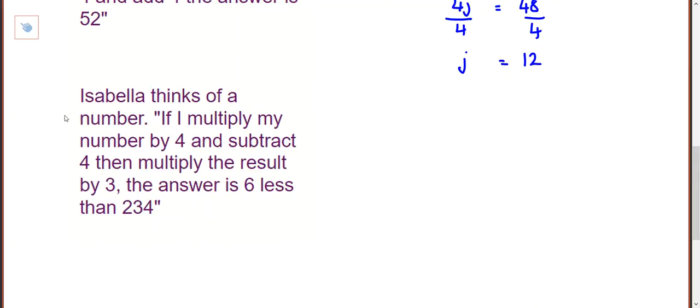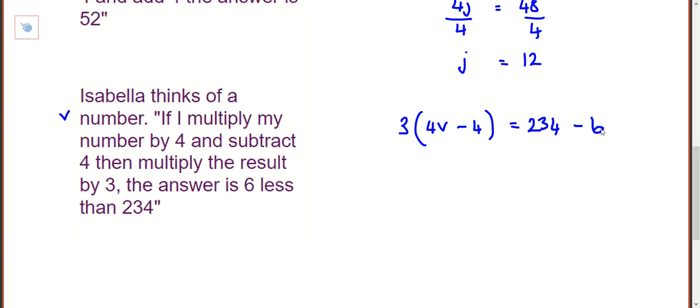And finally, V. Right, how do we write this one? 3 bracket 4V subtract 4 bracket equals 234 subtract 6.